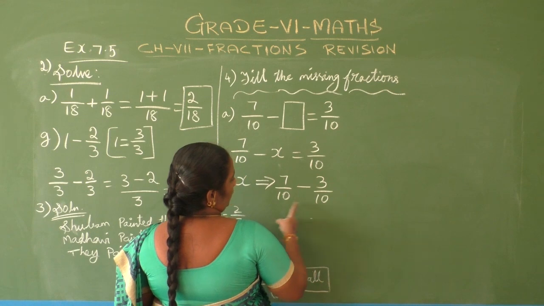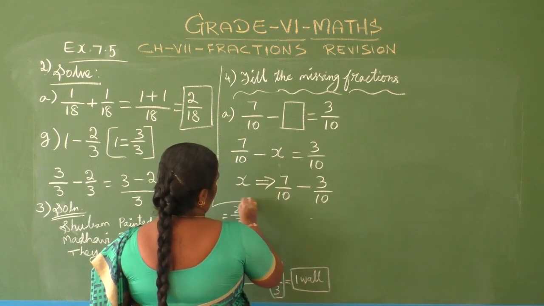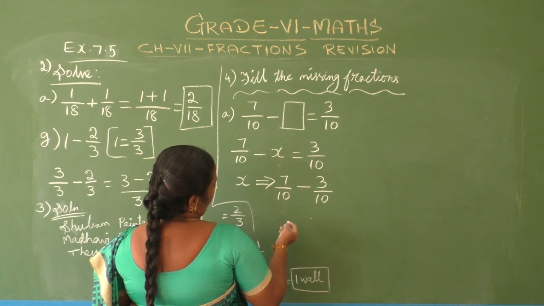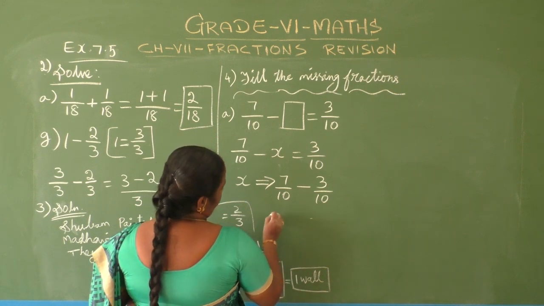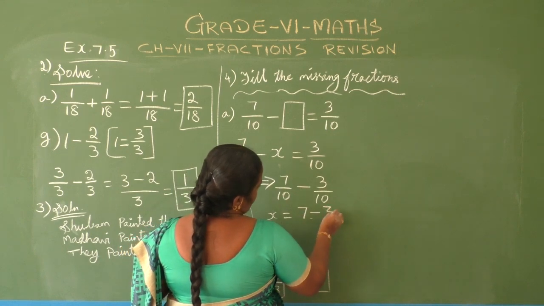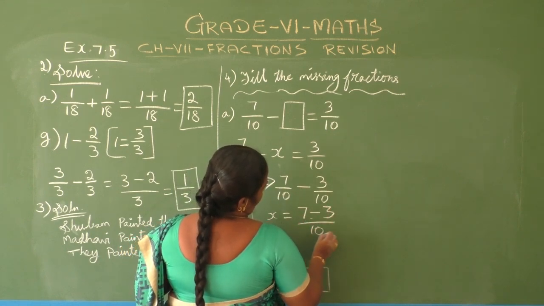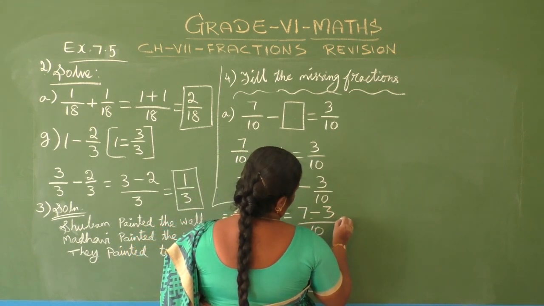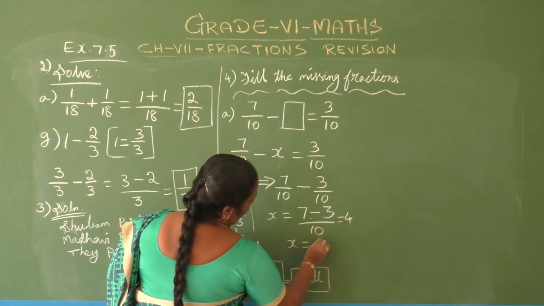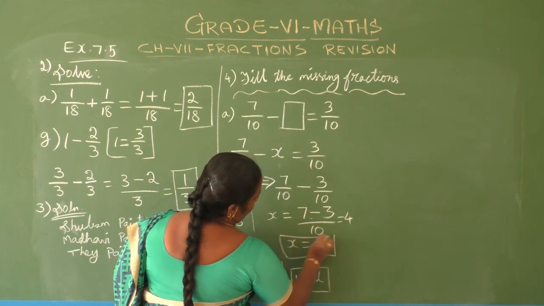See, here also both denominators are the same, so I can directly subtract: x equals 7 minus 3 by 10. What will come? 7 minus 3 is 4, so x equals 4.